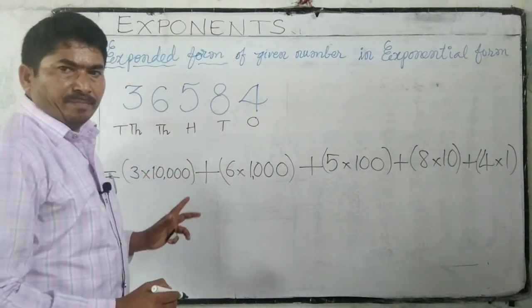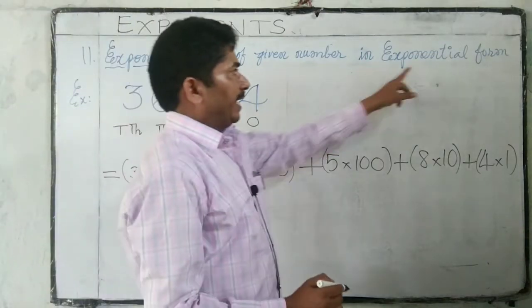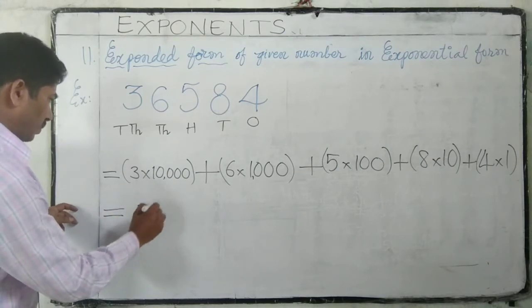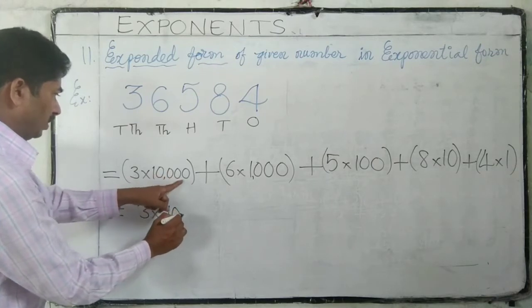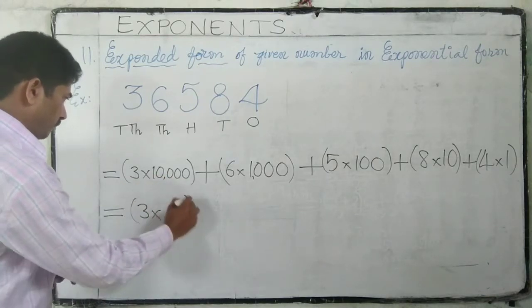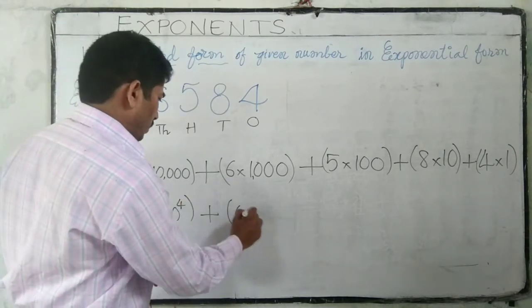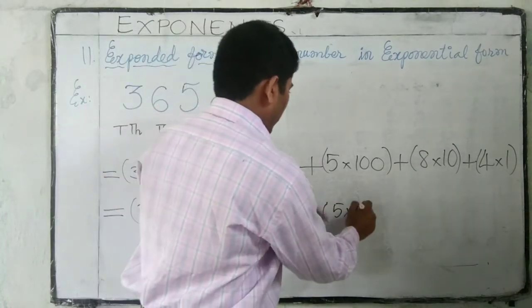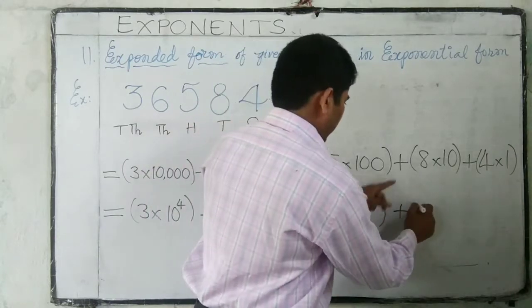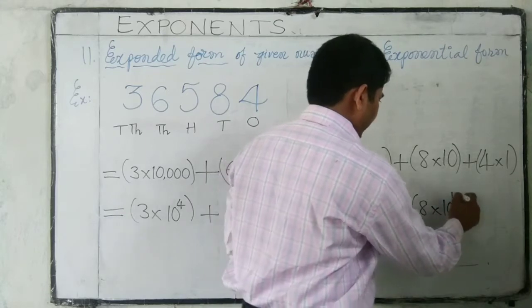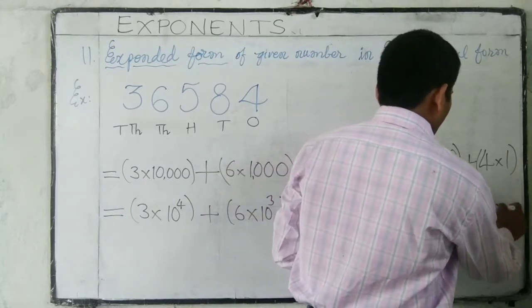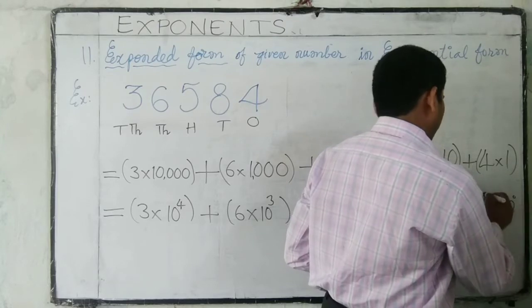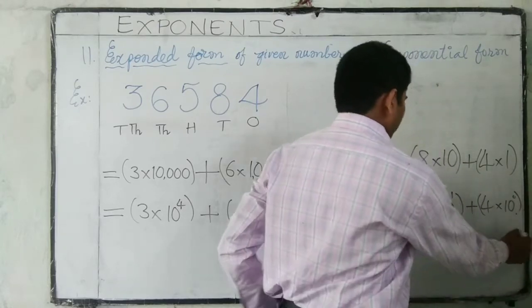This is an expanded form, but we have to write in exponential form. 3 into 10 to the power of 4 plus 6 into 10 to the power of 3 plus 5 into 10 to the power of 2, 8 into 10 to the power of 1, 4 into 1 only, or we can write 10 to the power of 0. This is the exponential form.